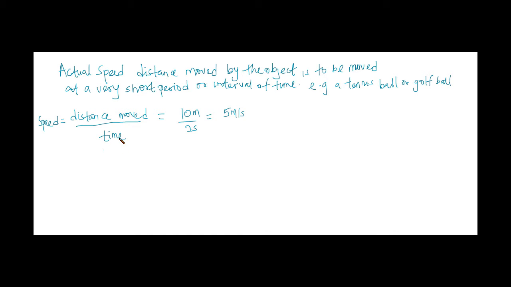although velocity has the same unit as speed, they are different quantities. From my video about scalars and vectors, we saw that speed and velocity are different because speed is a scalar quantity while velocity is a vector quantity.